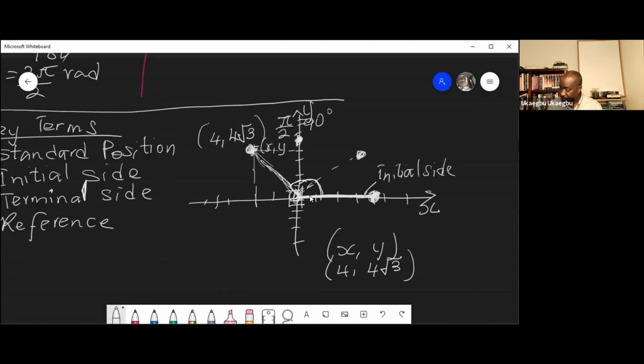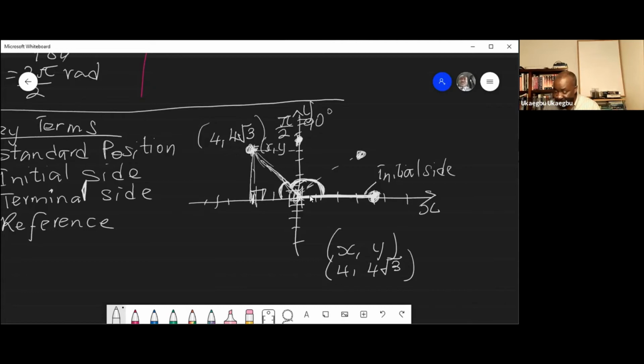All right. Now, if you drop down the X axis, at this point you have a 90 degree angle. So now at this point you have an angle which is equal to 180 minus the angle of the standard position.